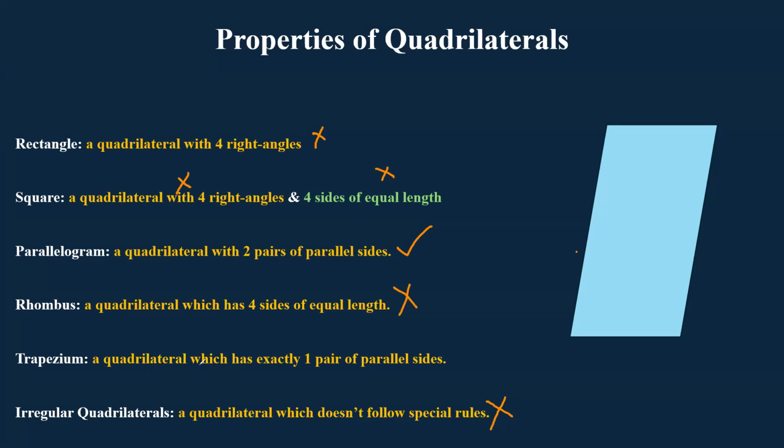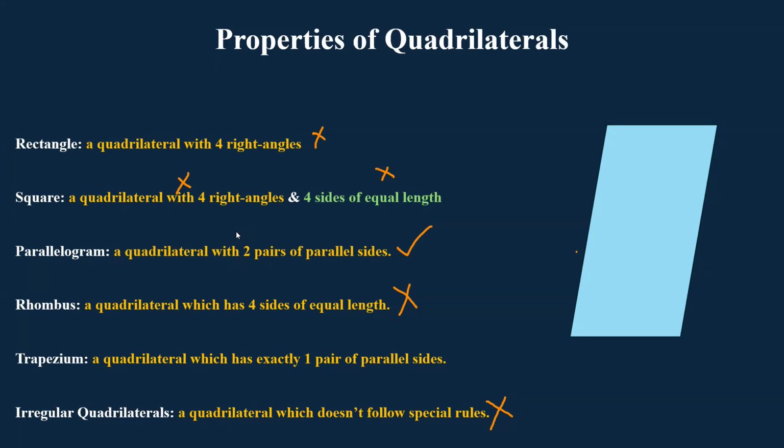And finally, Scarlett, is this shape a trapezium? This shape is definitely not a trapezium, because a trapezium is a quadrilateral that has exactly 1, not 2, not 0, but only 1 pair of parallel sides.